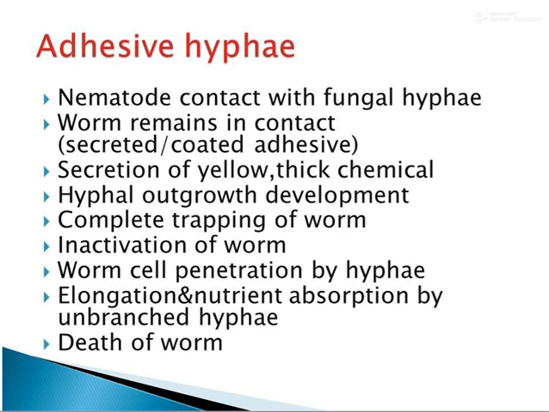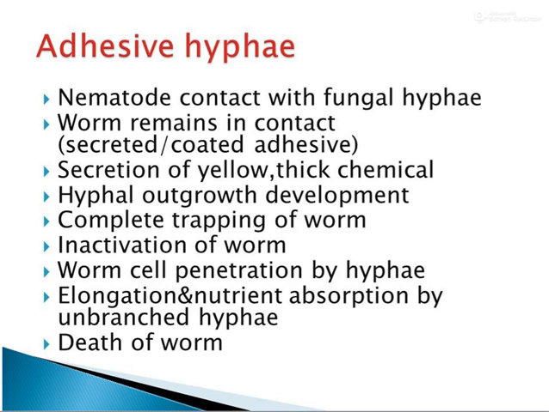And sometimes you can also see the worm cell being penetrated by the hyphae, and as the hyphae penetrate into it, it will elongate as well as absorb the nutrients from the nematode, and that would ultimately lead to the death of the worm. So the adhesive is a glue itself.